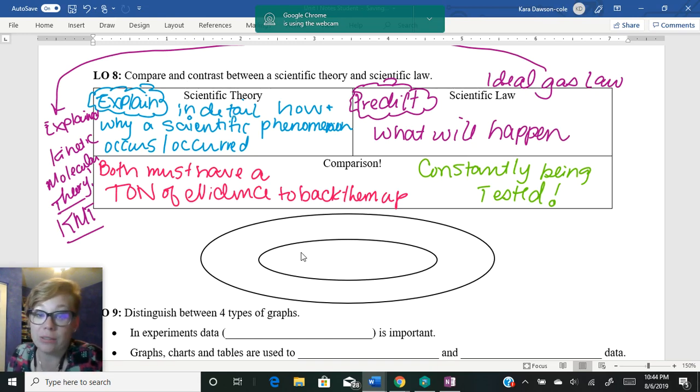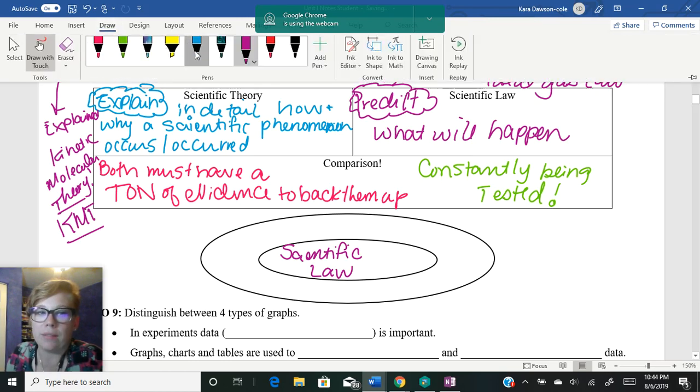So we have the scientific law on the inside, and then we have the theory that wraps around that scientific law. So it really encompasses that law. And like I said, the ideal gas law is a part of the kinetic molecular theory.